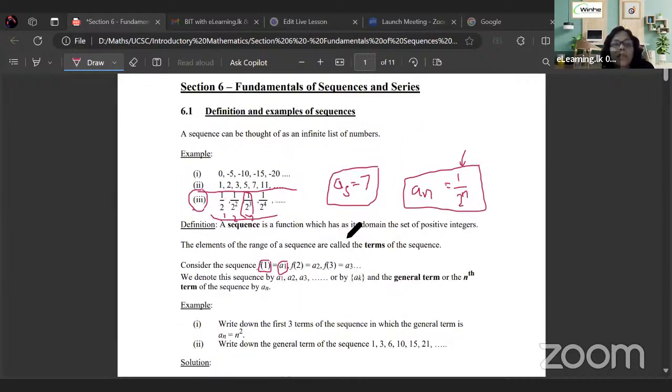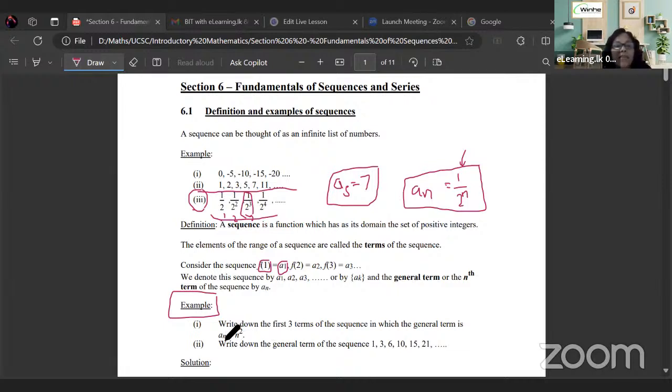Right. Here it is, write down if you got this example. Write down the first 3 terms of the sequence in which the general term is a_n equal n squared. The general term is given. How do we find the first 3 terms?